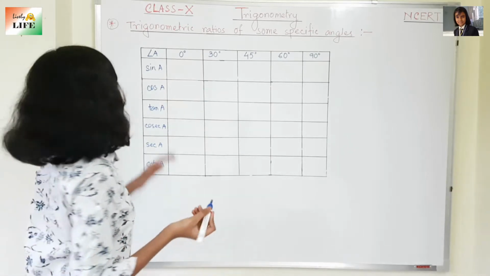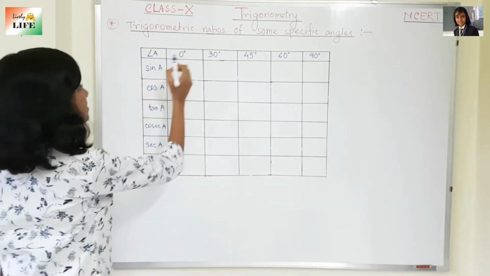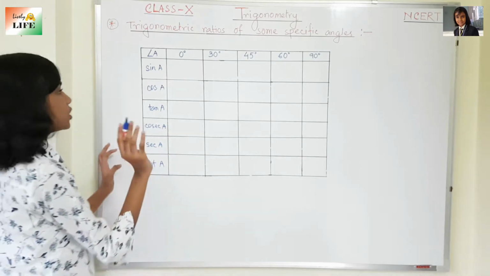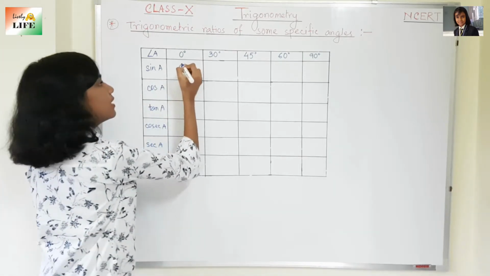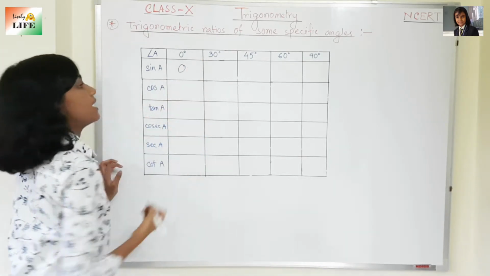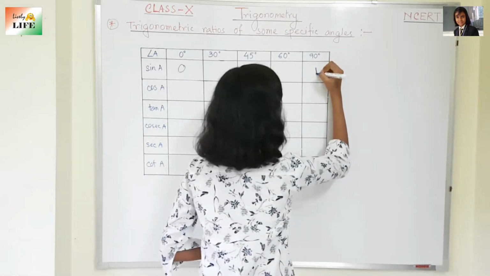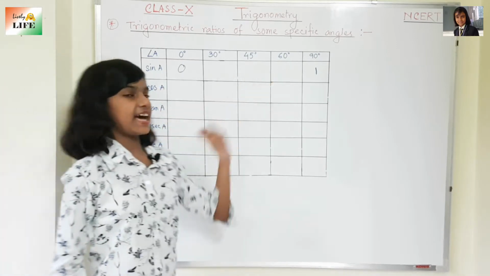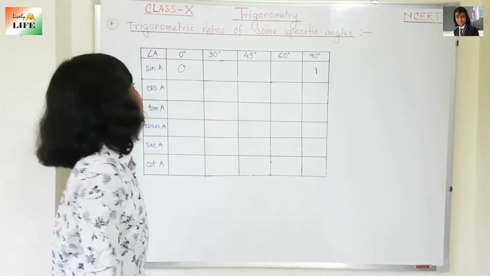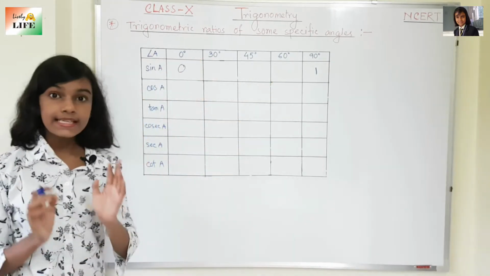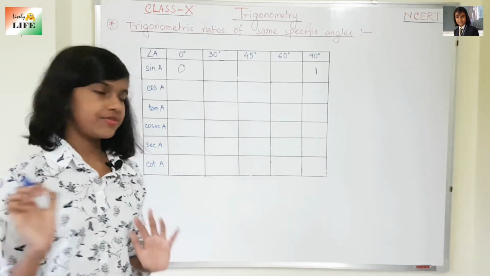So let's start. So first, what is sine 0 degree? Sine 0 degree is 0, okay? And sine 90 degree is 1. Then sine 30 is 1 by 2, half.